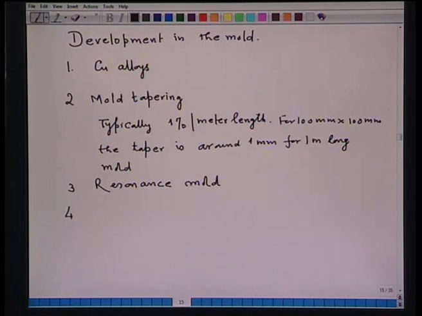Also, in the modern gadgets, it is important to maintain a constant metal level in the mold, because the quality of steel is decided from the properties of the meniscus at the top of the mold. It is from the meniscus that the steel begins to solidify.